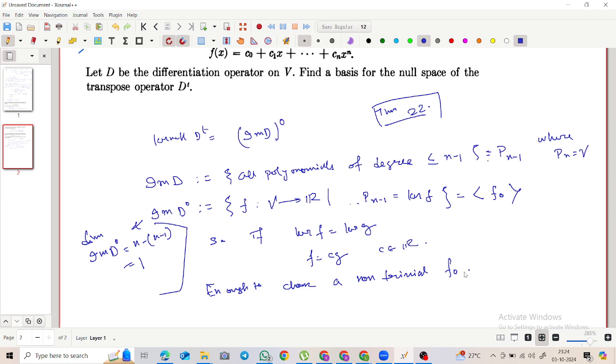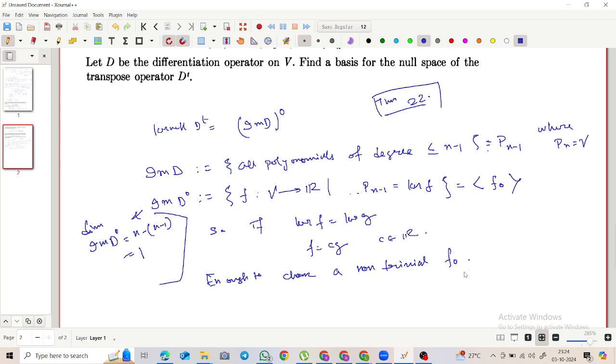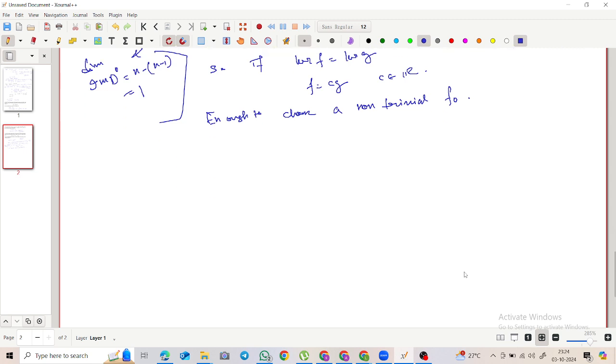Tell me an F naught which is not identically 0. So we can take this, right? F from V to R sends a polynomial P to P of 0.